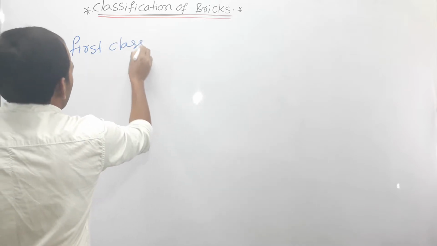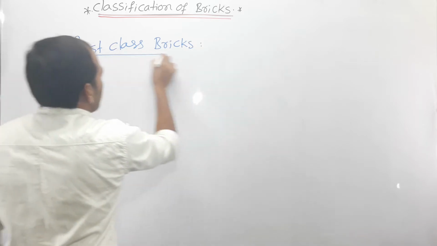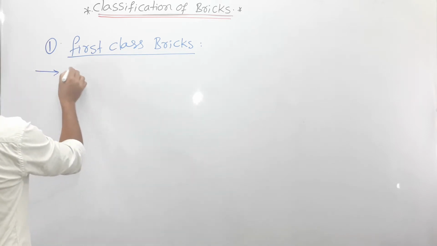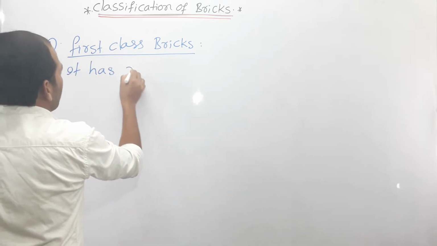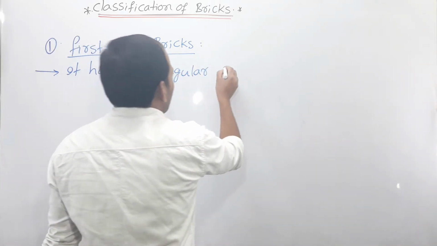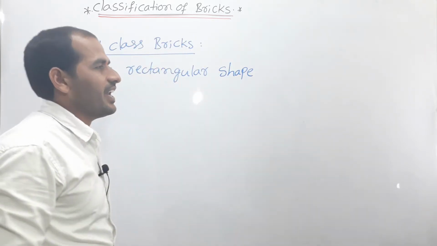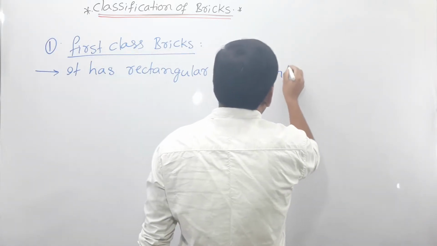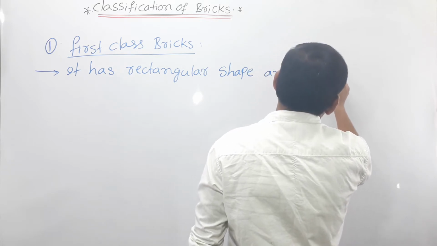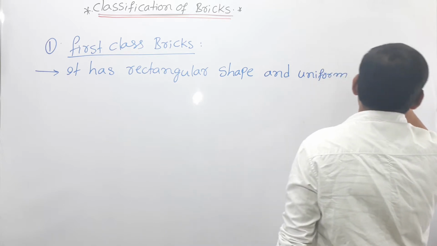First class bricks have a rectangular shape and a uniform reddish color.